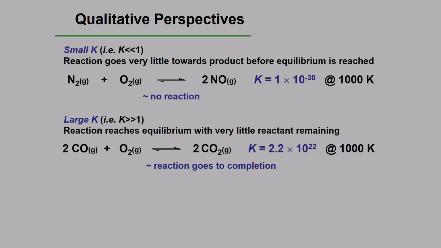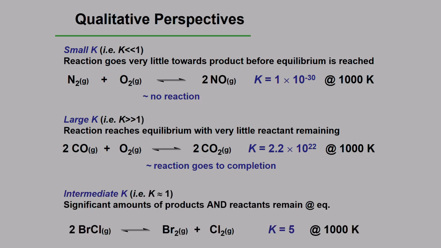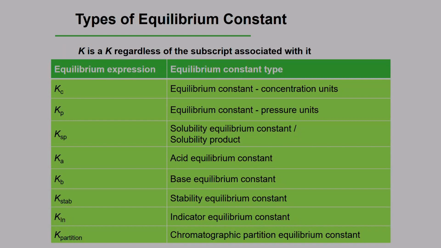Because our K is a very, very large number, there's not going to be very many reactants left. If, however, our K is some number that's close to 1, that means there's going to be a very good balance between the products and the reactants, and there's going to be both products and reactants remaining in a reaction mixture which really reaches equilibrium.